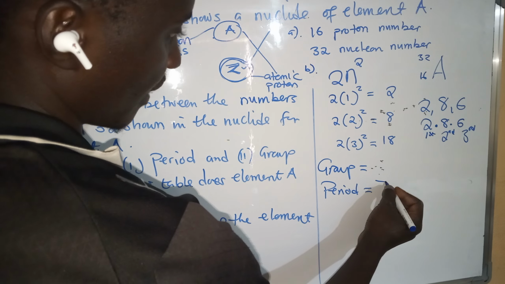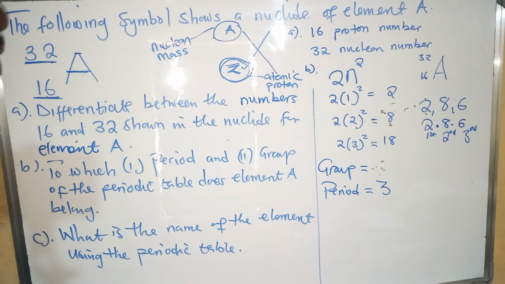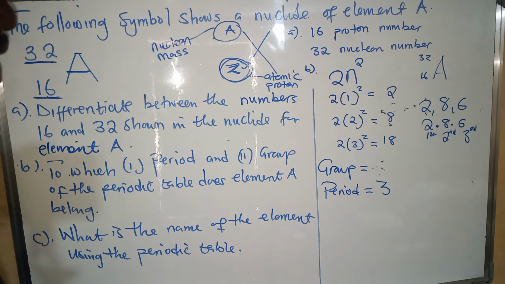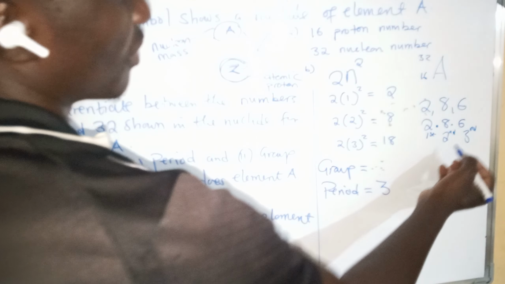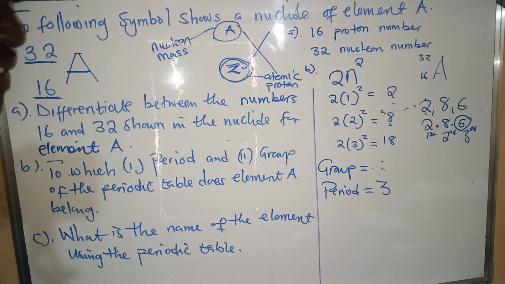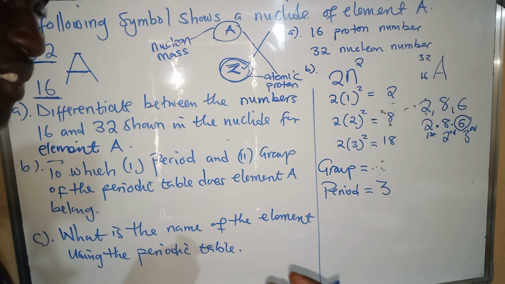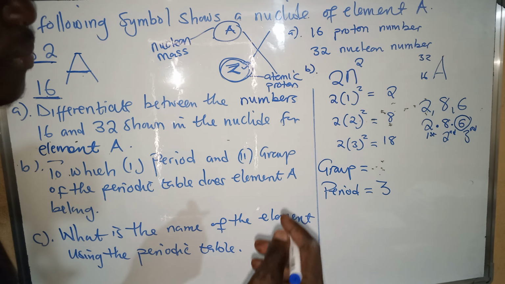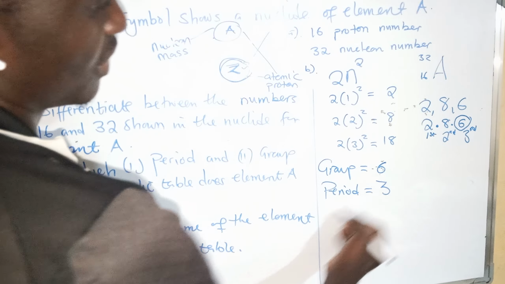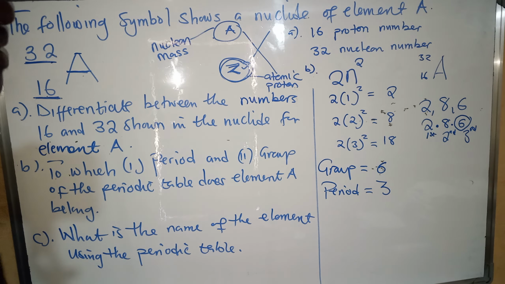So this element is in Period 3, because it has 3 shells, or what we call energy levels. Then the number of electrons in the outermost shell, the third shell, is 6. The number of electrons in the outermost shell is what gives you the group. So since there we have 6, this element belongs in Group 6.